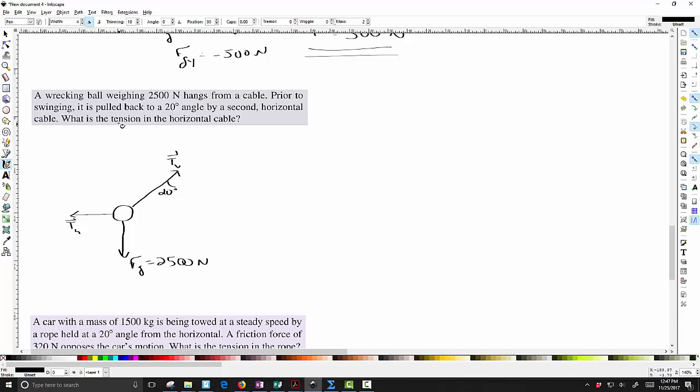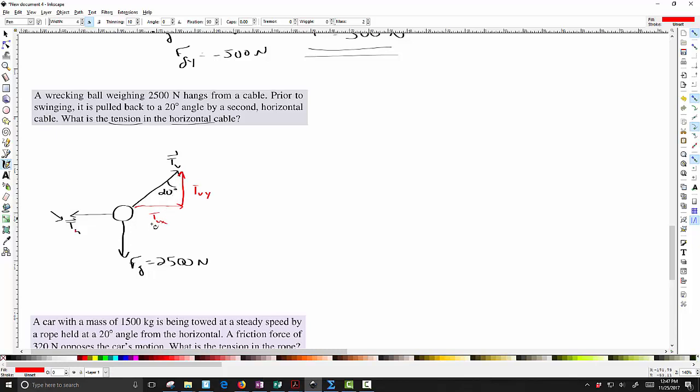So what we want is the tension in the horizontal cable. This is what we're looking for, the tension in the horizontal. What we're going to have to do is work with components because I have this angle over here. So we'll throw in this Tx, this is TV in the x, and TV in the y, which would come up like this. I know my arrows aren't very good.